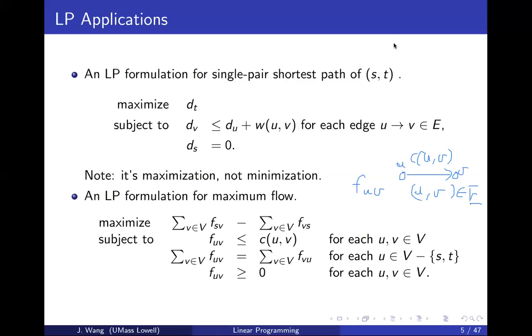And then for each u, as long as u is not the start node or the sink node, the flow that comes into u, and there would be several, and the flow that goes out from u have to be the same.